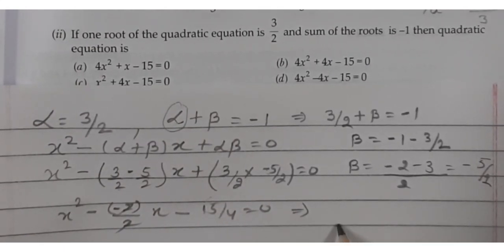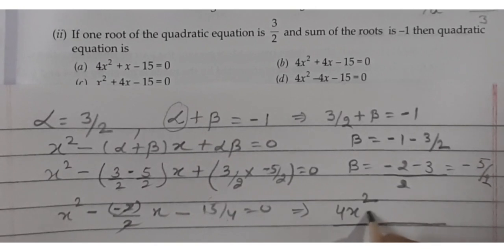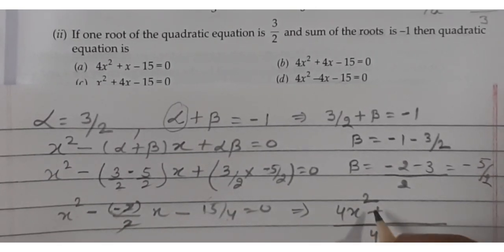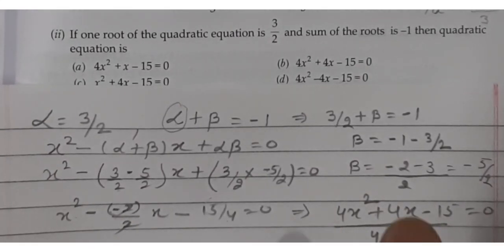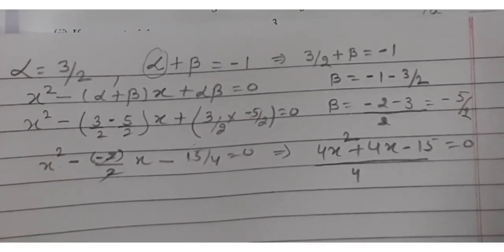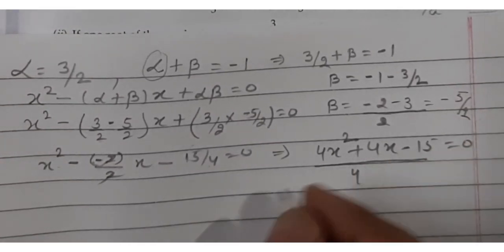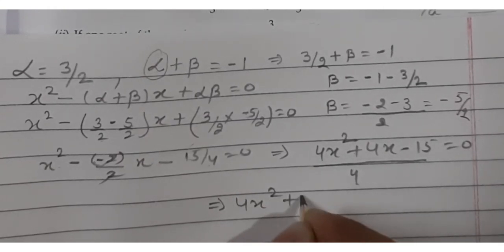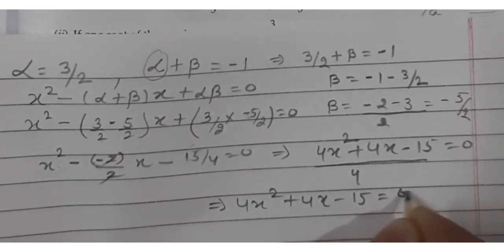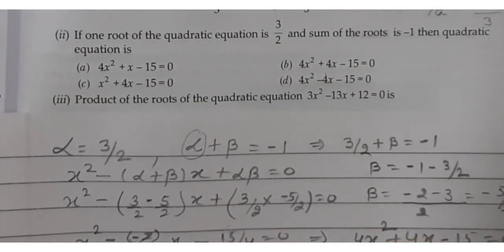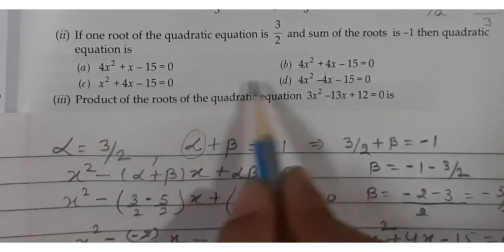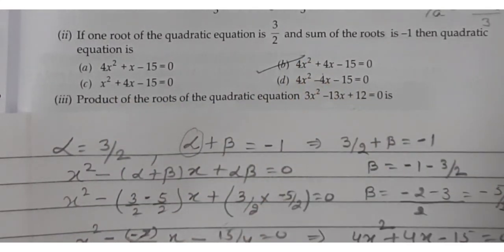At last if I take LCM 4, then what will come? 4x square minus, minus plus, 4x will come and minus 15 equal to 0. Then send 4 to that side, 4 into 0 is 0. So 4x square plus 4x minus 15 equal to 0. B is your answer.